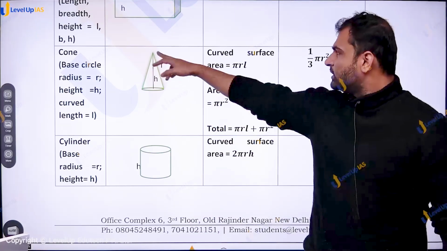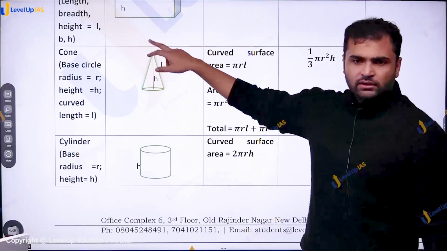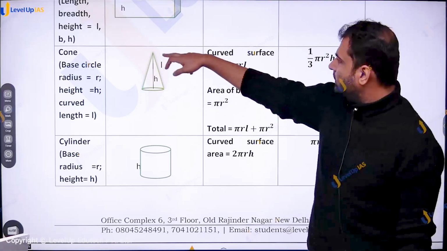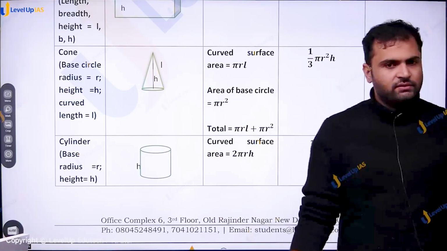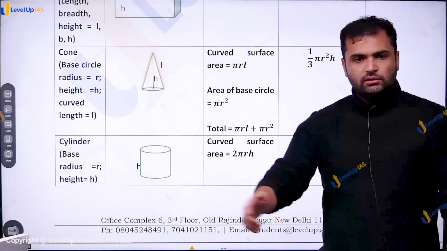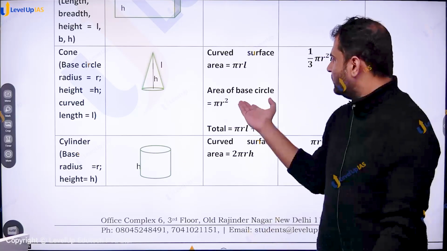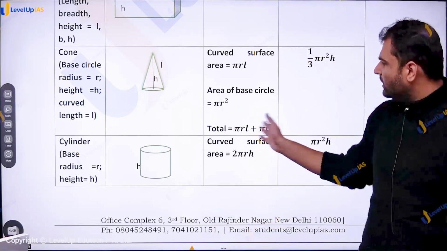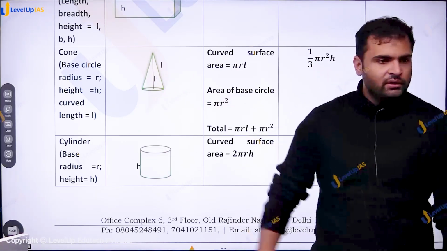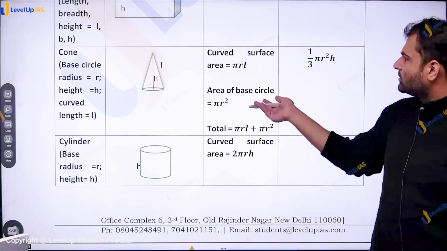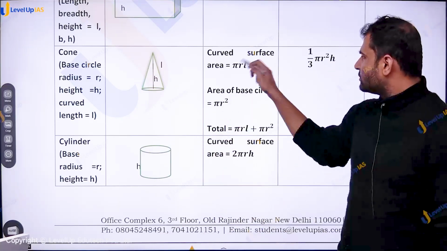Area of curved surface is pi into r into L, where L is this diagonal length or slant length. And pi into r into L is surface area of the curved surface. The circle at the bottom, its area is pi r square. Total surface area would be sum of these two, area of curved surface plus area of bottom circle. If you want to exclude the bottom circle, you can remove this pi r square and only pi r L is considered.